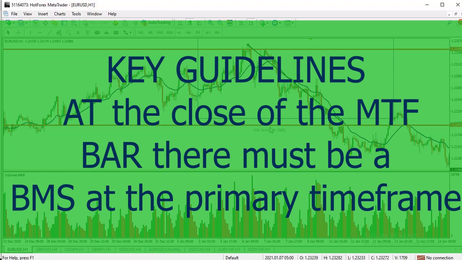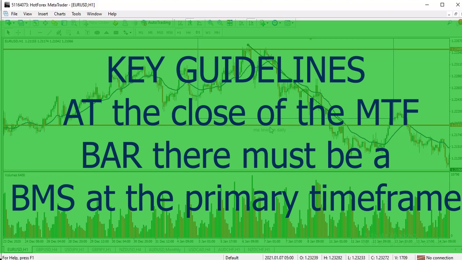I come again. When we have the break of market structure at the primary time frame, then at the close of the main time frame bar, we have price closing below the market structure level of the main time frame.